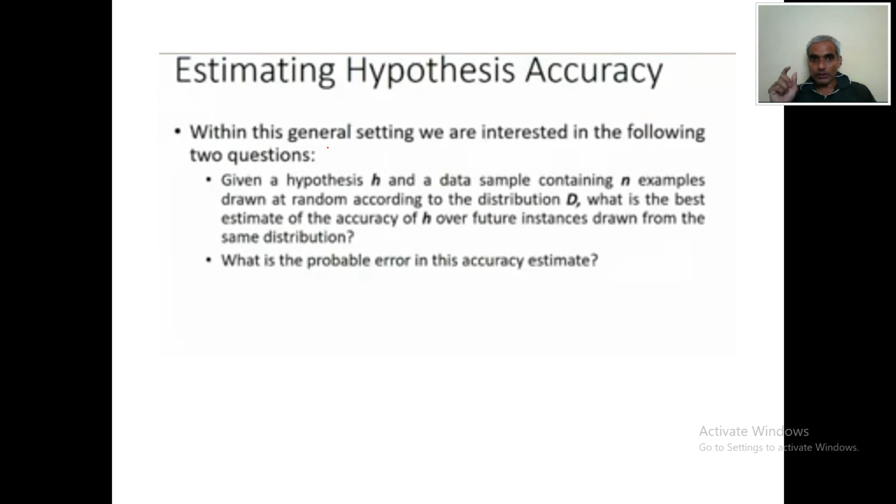So given a hypothesis and a certain set of data samples containing n examples drawn at random, right? You are going to ask randomly, one by one, the persons who are entering according to some distribution D: what is the best estimate of the accuracy of H over future instances drawn from the same distribution?